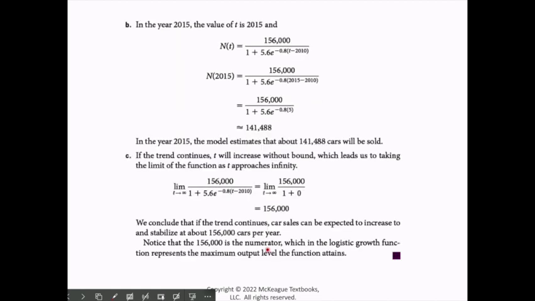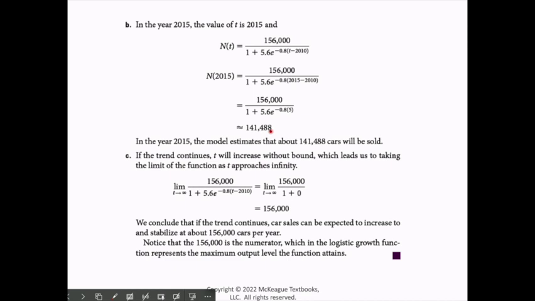Now, using that same process, we want to see what the estimated sales would be in 2015. So that means we're going to put in t is 2015. That's right here. And then when we subtract, that would give us 5 years that have passed. And then when we evaluate that, we get 141,488.